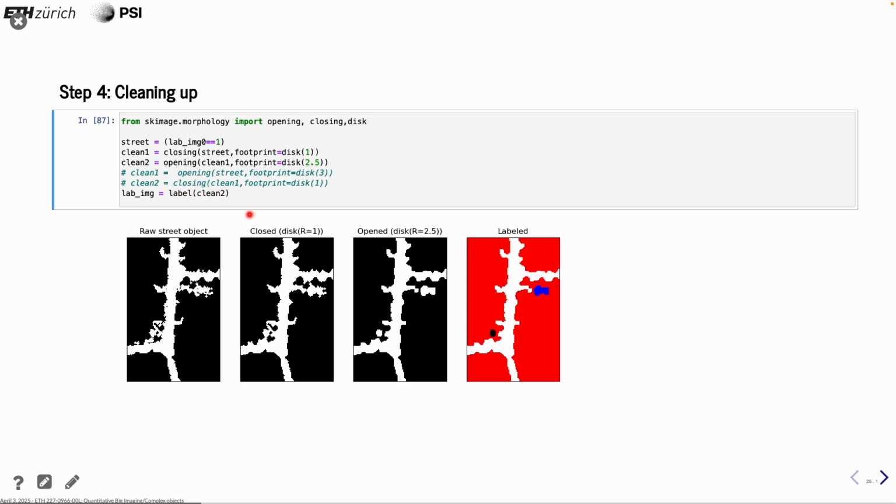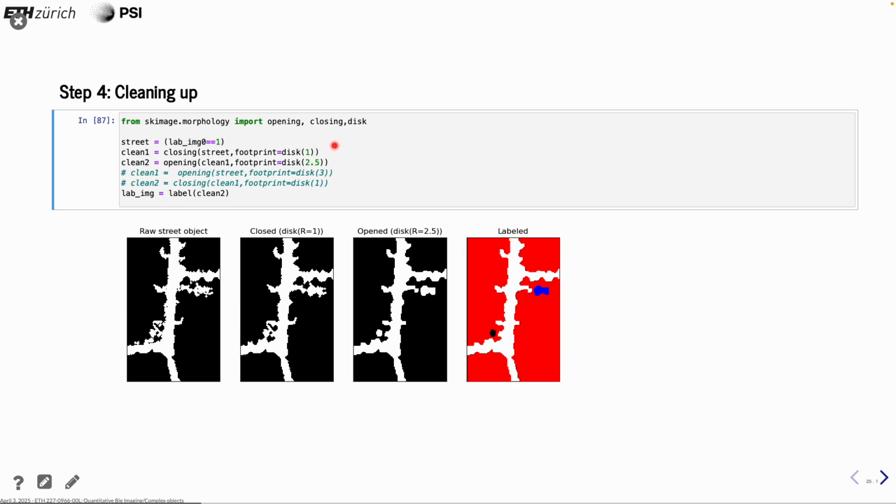So I closed the small little holes we have in the data. Then I do opening, and that takes away some of these bridges that we had, and finally do a second labeling again, and then we get our structure.